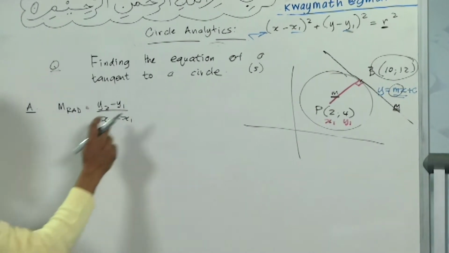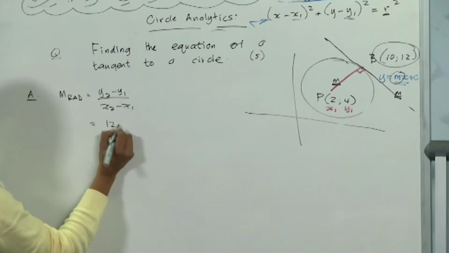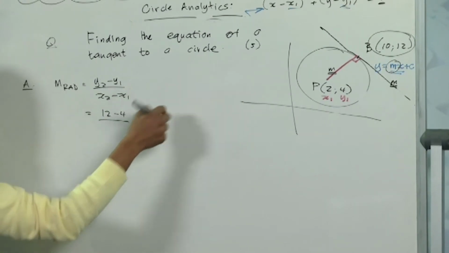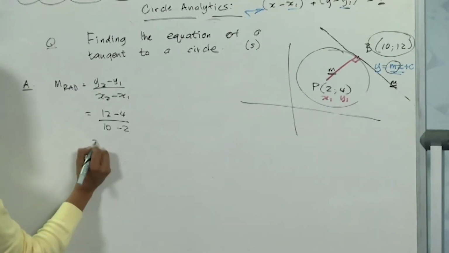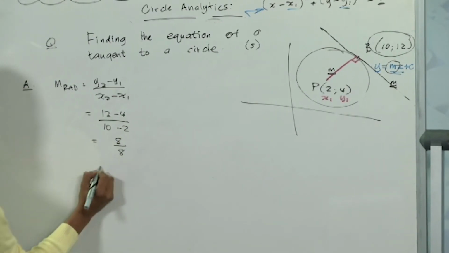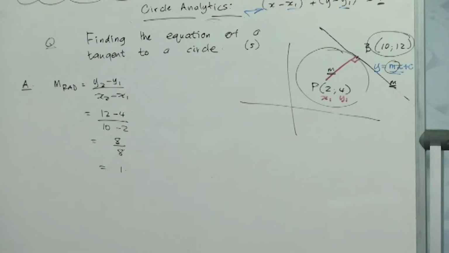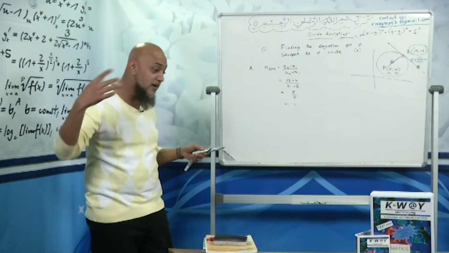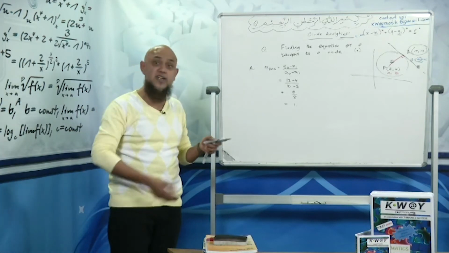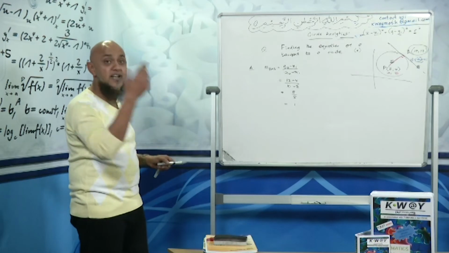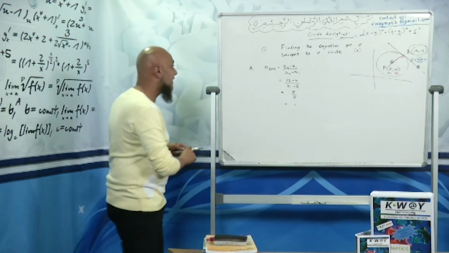So y2 minus y1, 12 minus 4, over x2 minus x1, 10 minus 2. 12 minus 4 is 8, 10 minus 2 is 8. 8 over 8 is 1. It's purely coincidental that we get a value of 1. It could be a fraction, it could be a half, it could be -3, it could be -4 over 7. It makes no difference.